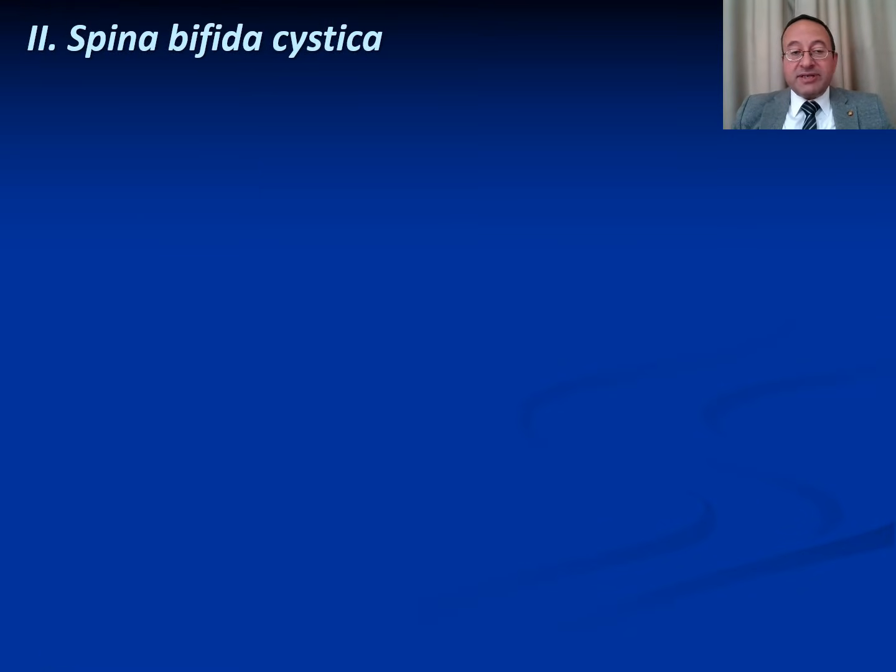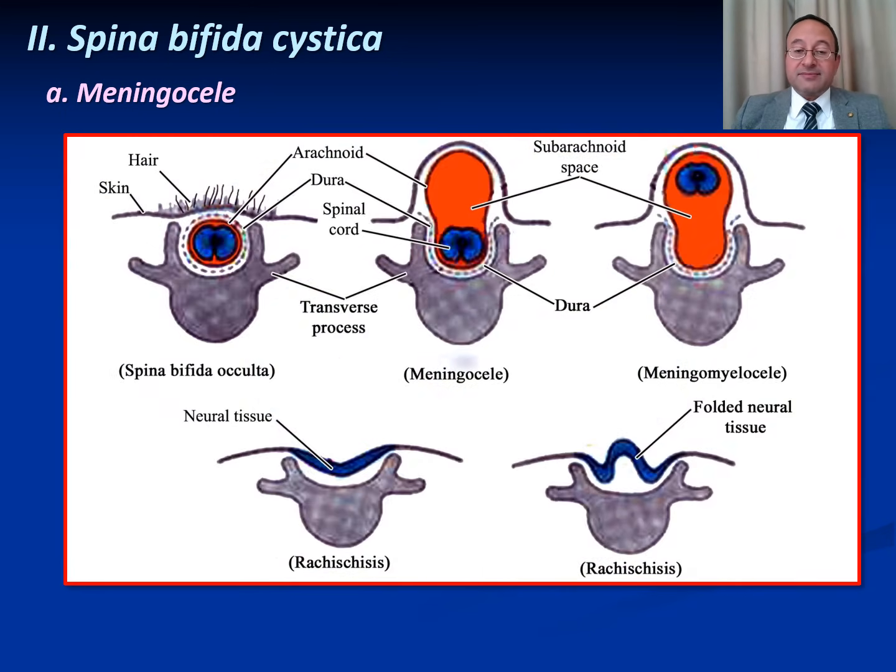The second category is called spina bifida cystica, and actually it has different degrees. We'll start with the first degree, which is called meningocele, which is that type.